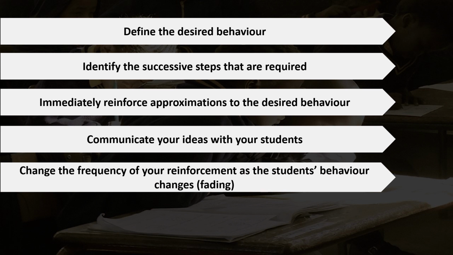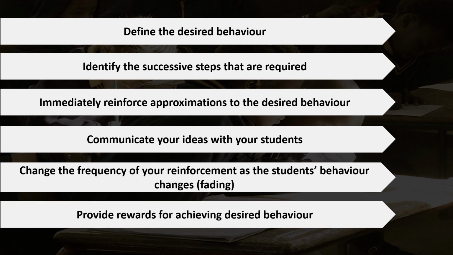So change the frequency of your reinforcement as the student's behavior changes, that is, either the behavior has to be seen or the behavior has to fade out. So it depends upon the frequency of the teacher's reinforcement to the student's behavior.